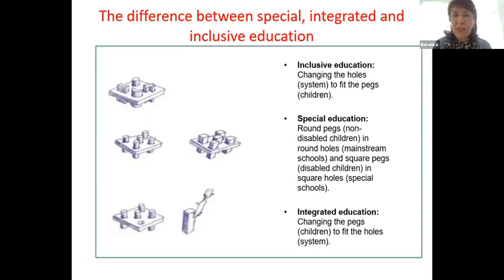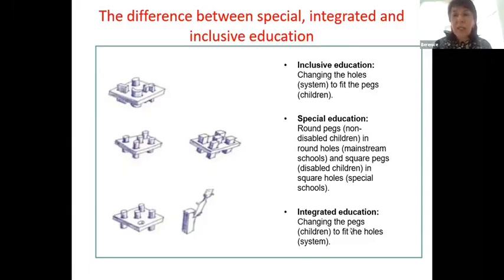Now, that's not how we see it. We see special schools these days as providing a high level of support, and the child should only be there for as long as they need that high level of support. So there should be fluidity. They should be able to move from a special school maybe to a full service school, and maybe even to an ordinary school. But the traditional idea was once you're at the special school, you're at the special school forever. And that might not be necessary for all children.